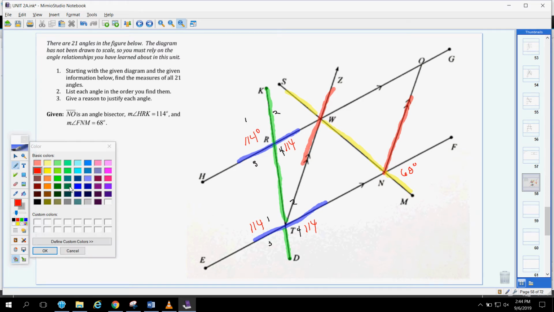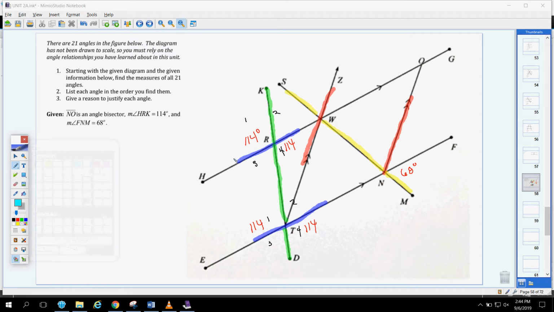We'll do this light blue color here. And so this becomes our linear pair here, and so this ends up being 66 right here, because 66 and 114 are 180. Well, if we have 66 here, straight across is going to be a vertical, 66.